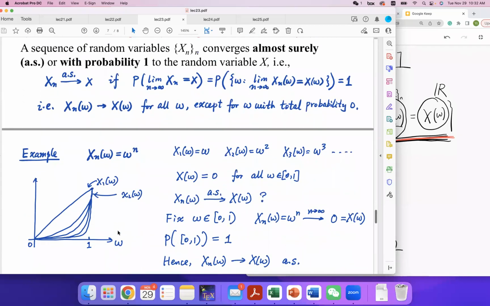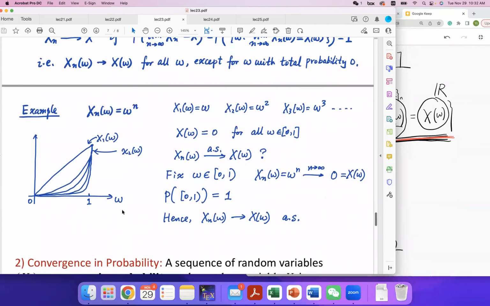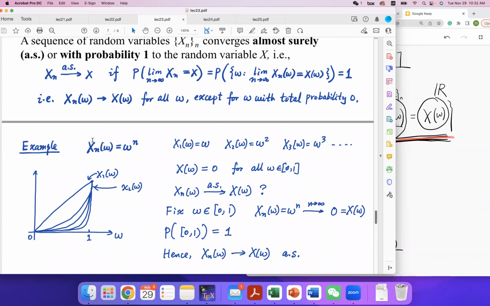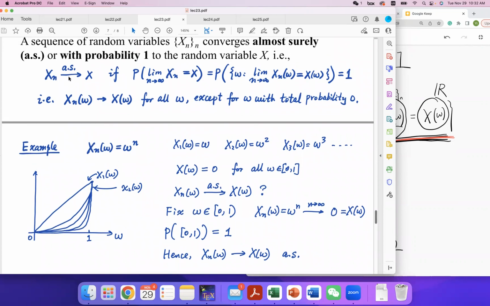I would like to finish this simple example, since we are already here. So let's consider this example. We have a sequence of random variables that converges to X almost surely. The random variable is defined in this way.